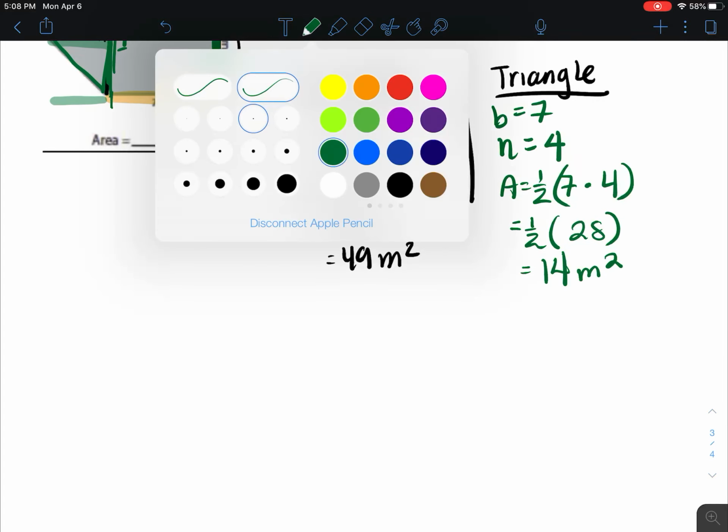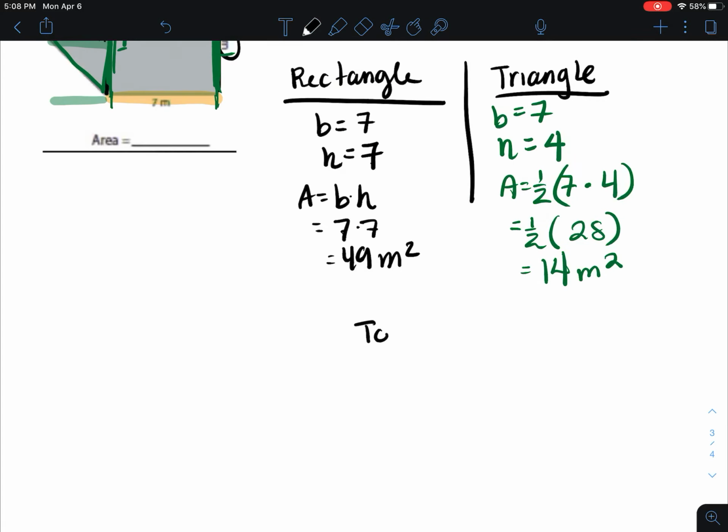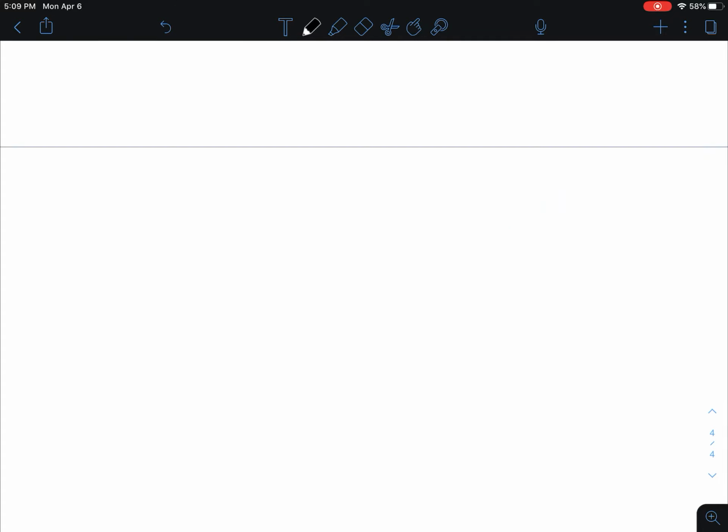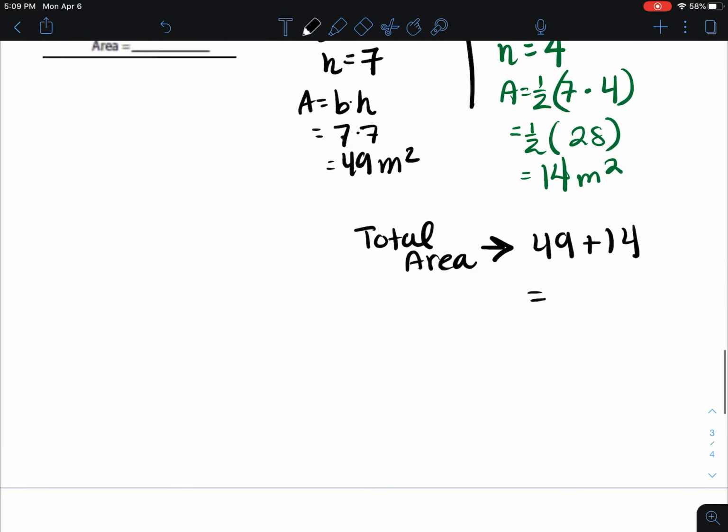Now the last step is finding the total area. That's just going to be 49 plus 14, which is 63 meters squared.